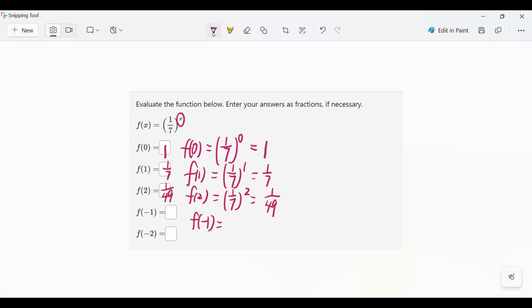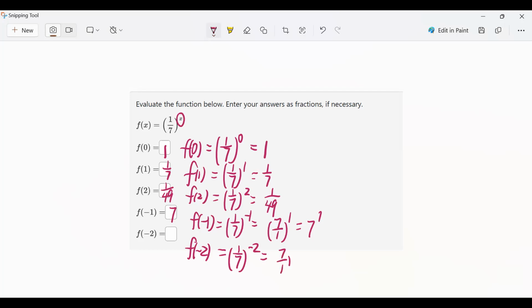Negative 1, it's 1 over 7 to the negative first power. So here, we're going to use the reciprocal inside the parentheses, 7 over 1 to the first. So 7 to the first, 7. Now for negative 2, it's going to be 1 over 7 to the negative second power. So 7 over 1 to the second power. 7 squared, that's 49. 7 times 7, that's 49.